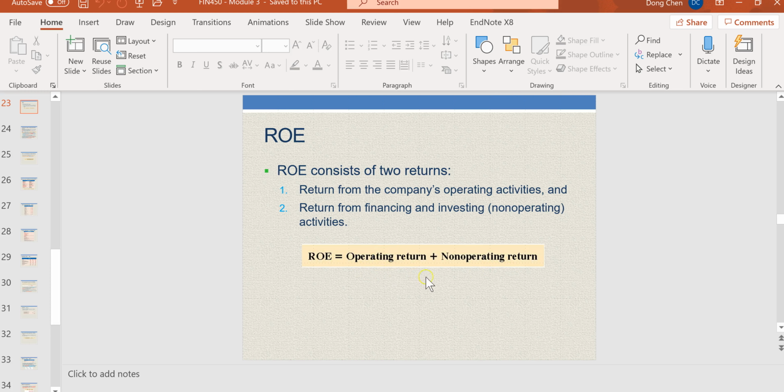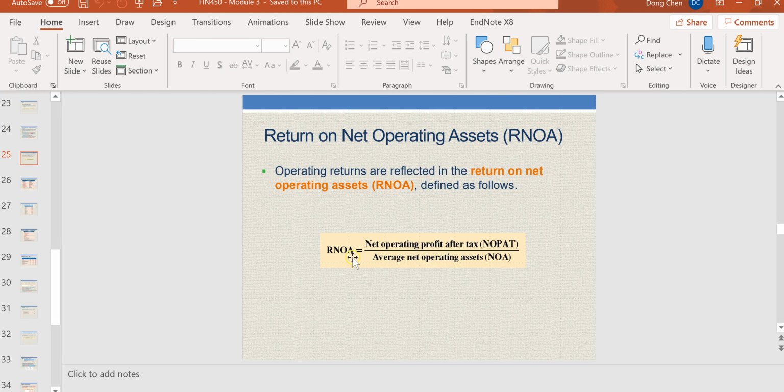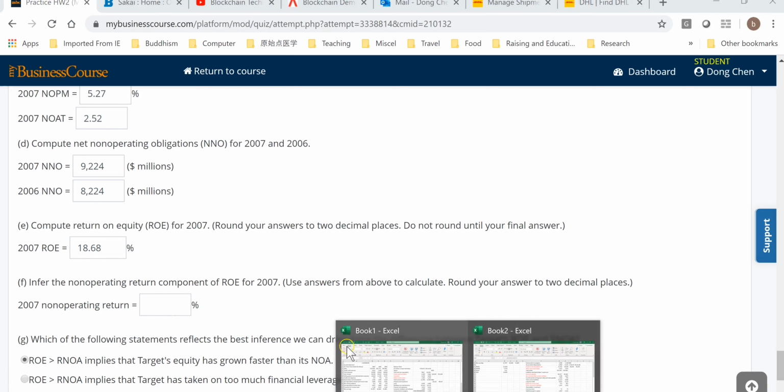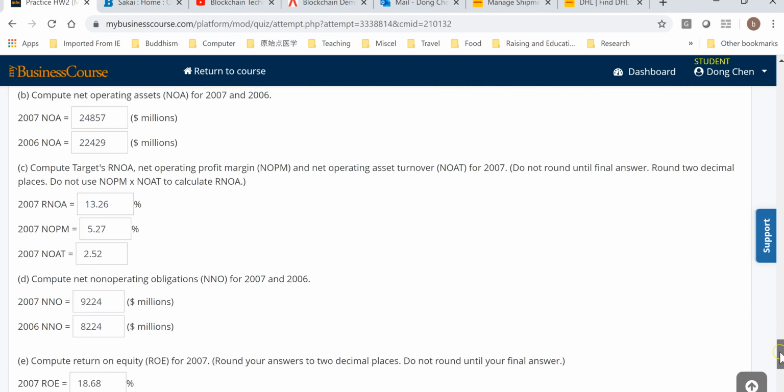So operating return basically is this RNOA, return on net operating asset, which we just calculated. So in order to figure out this non-operating return component of ROE, we just need to subtract this RNOA from ROE, and then we're done.